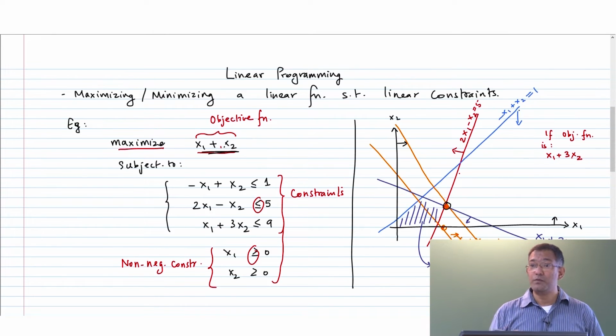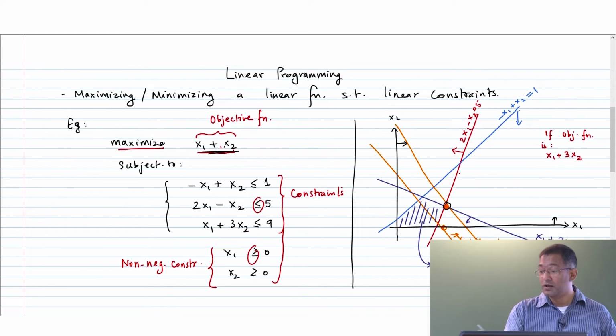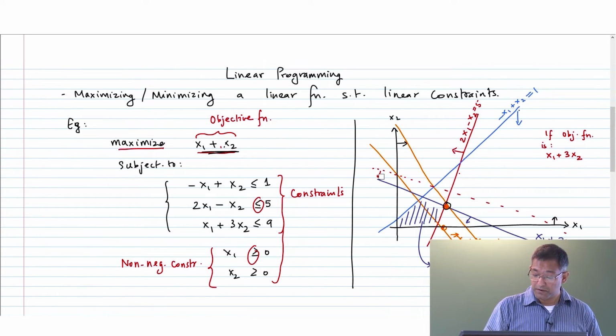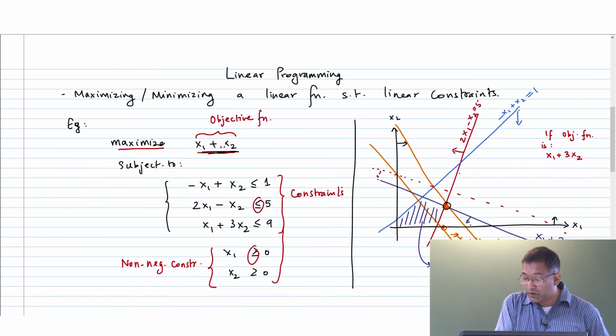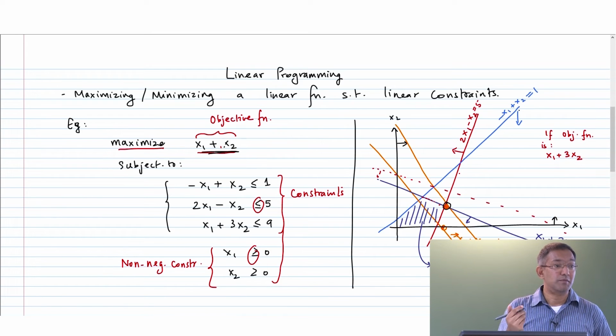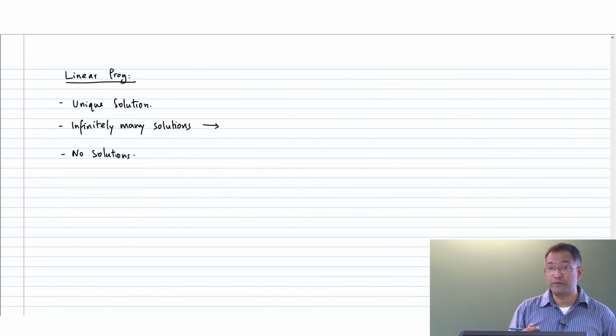So, we modify the objective function, instead of x1 plus x2, to x1 plus 3x2. Now, the objective function becomes parallel to this purple line, and so as you try to move the objective function, all the points on this purple line give you the same value, and there are infinitely many solutions possible. So, that is one example where you have infinitely many solutions.